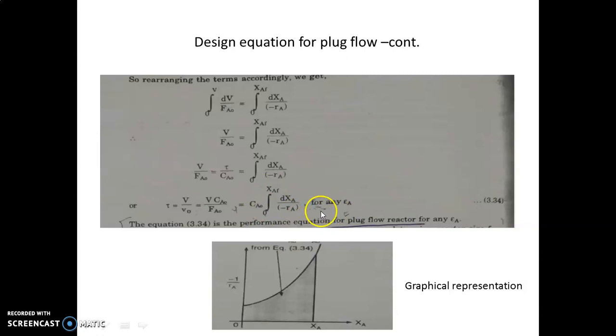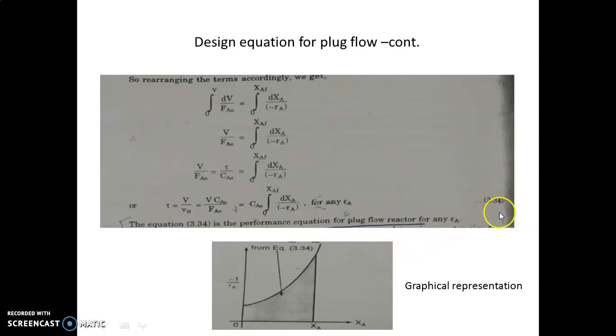This equation is applicable for any epsilon A, means for both cases, constant density system and variable density system. And this equation is called the performance equation for the plug flow reactor.